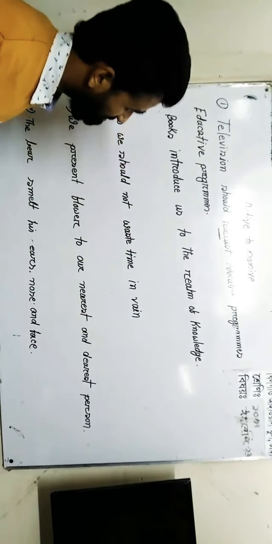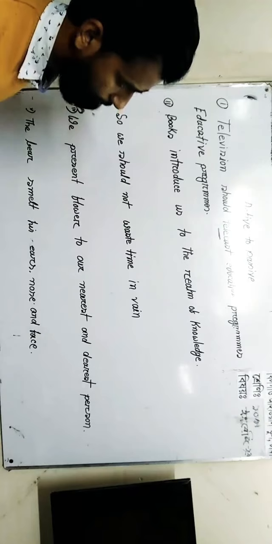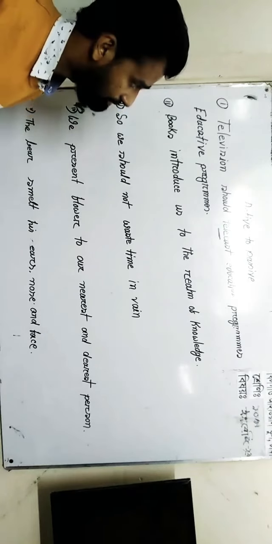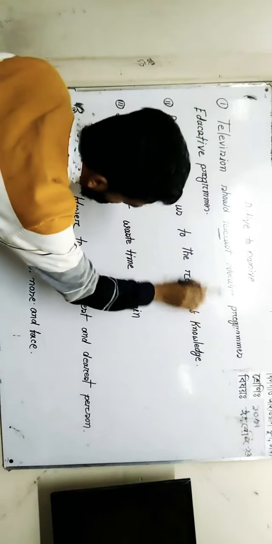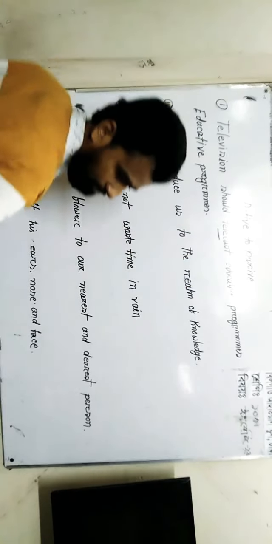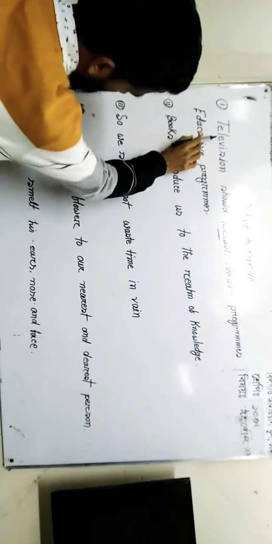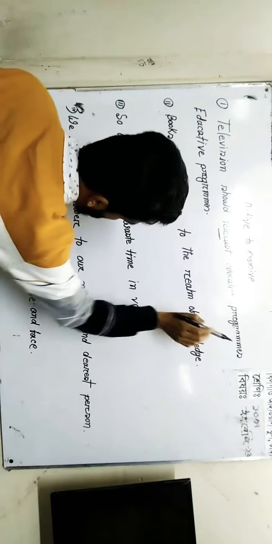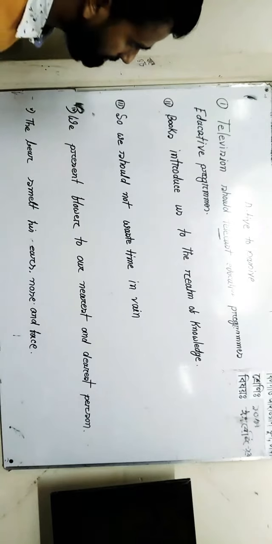When you want to answer the question in the exam hall, first of all you have to find out which voice the sentence is, active or passive. So, "Television should telecast television program." This makes a passive voice.